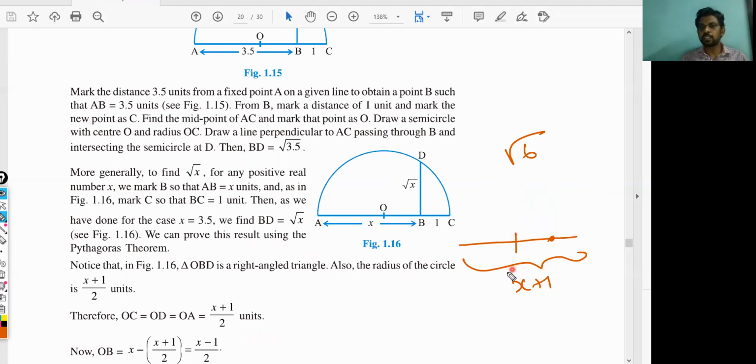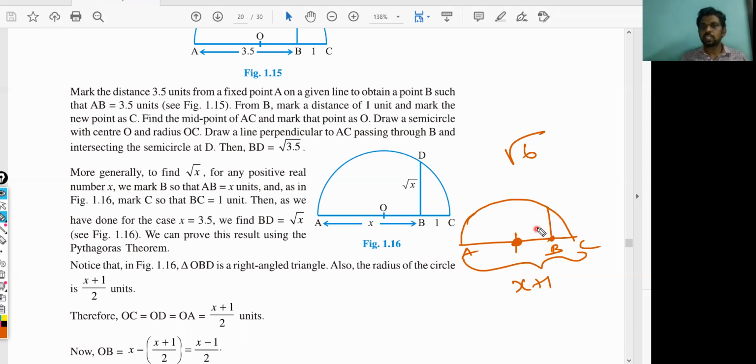Then I'll use the perpendicular bisector concept to divide the line into two equal halves. Then I'll draw a semicircle with this midpoint as the center and half of the length as the radius. Then I'll draw a perpendicular line from the point B. Let this be A, B, and C, where AB is equal to 6 units in this case, or x units generally.